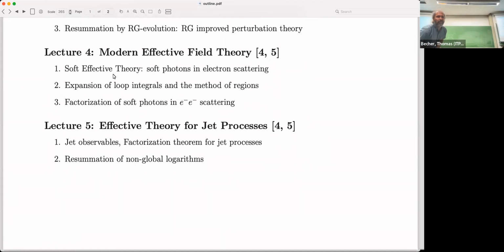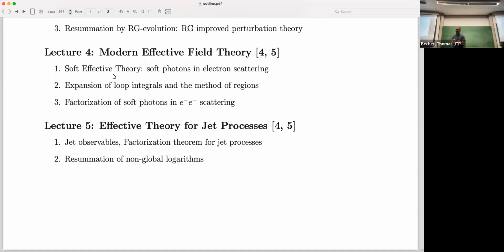And then we'll get to modern effective field theories. At the end of the day, maybe we'll want to go to the LHC, but I'll again do QED. I'll use this effective field theory to derive a factorization theorem for electron-electron scattering. In this scattering, these electrons radiate a lot of soft photons, and they have a particular structure, and one can write the factorization theorem for them.